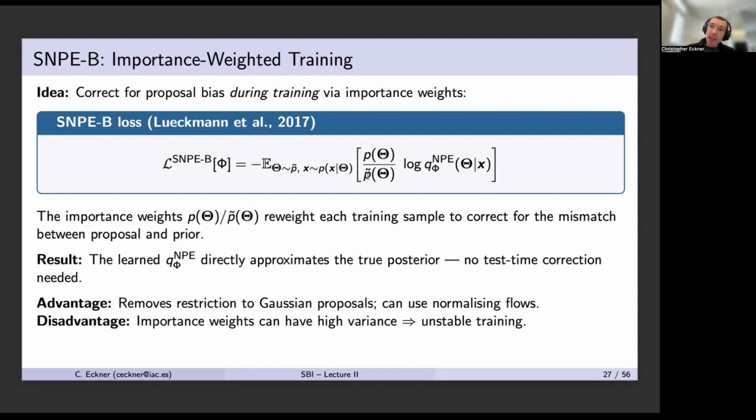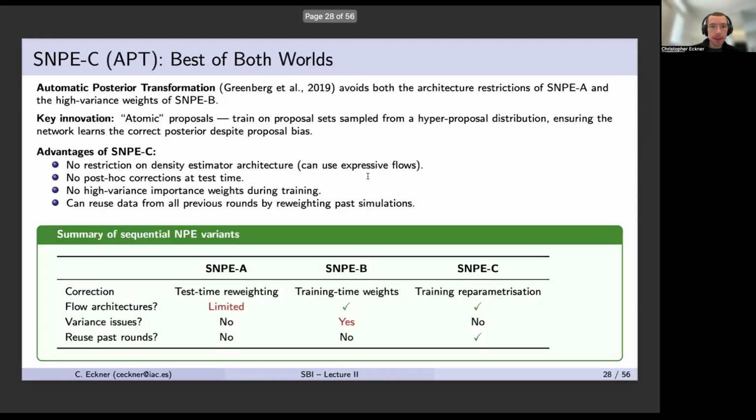And if there's A and B, then there's also a variation C of this, which is the gold standard that people use currently in the literature. That is kind of trying to combine A and B, which is so-called APT or automatic posterior transformation, which is based on atomic proposals. So this is very technical.